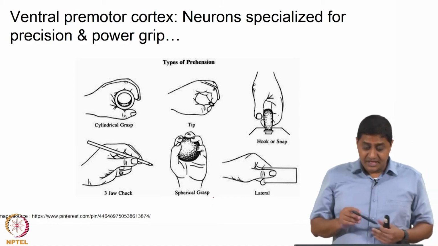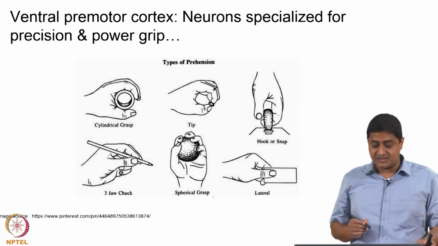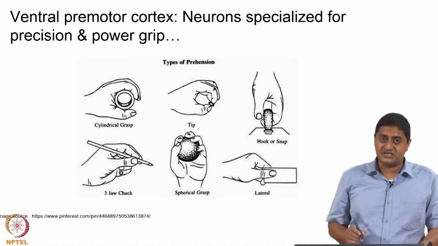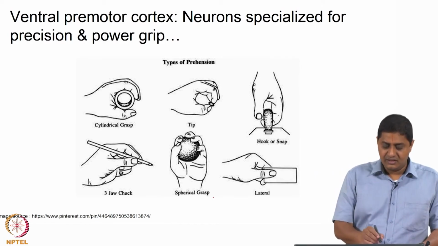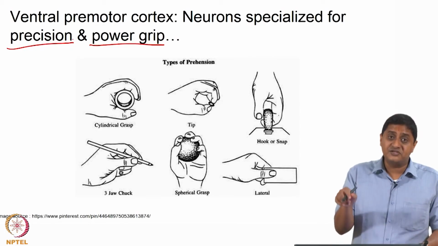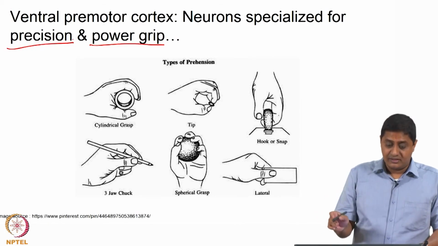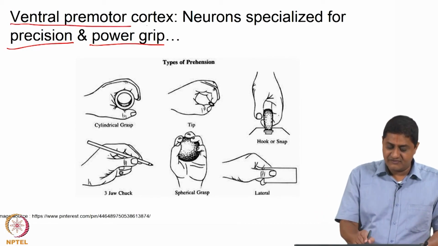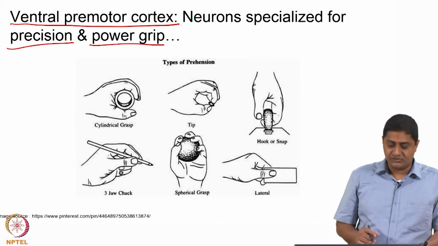It turns out that different sets of neurons are specialized or active during different types of grip. So, depending on whether the grip is precision or power, different sets of neurons in the ventral premotor cortex are active. So, this is crucial.